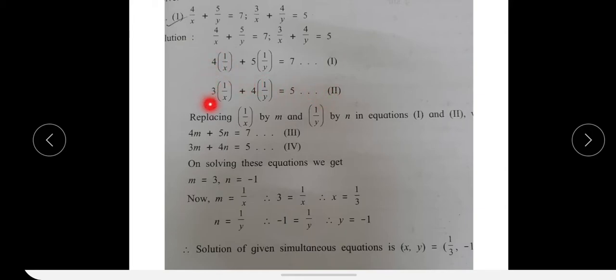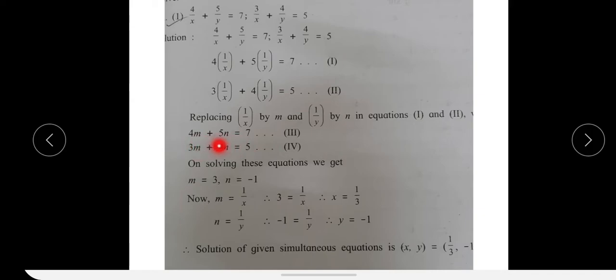Therefore, replace this 1 upon x by m and replace this 1 upon y by n. In these equations, you get 4 into m, where 1 upon x means m, plus as it is 5 into n, where 1 upon y means n, is equal to 7. Now observe that this equation again contains two variables m and n.